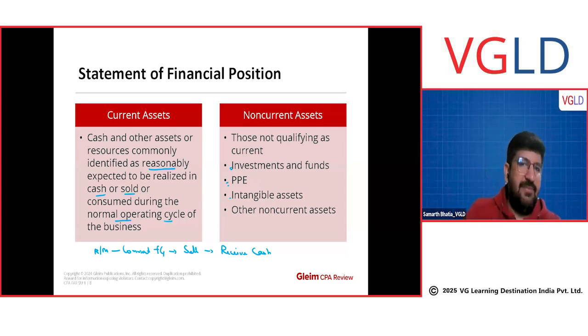Most of the time, if the product is very simple, it is usually produced on a regular basis. So the operating cycle is at most going to be 15 days, 20 days, or 1 month, not more than that. But this operating cycle can extend to 6 months, 12 months, and even 15 months, 24 months.